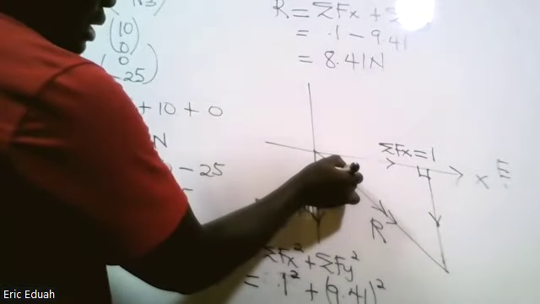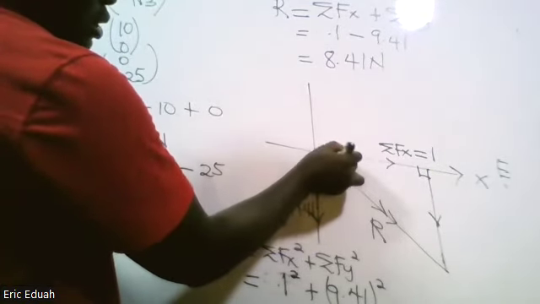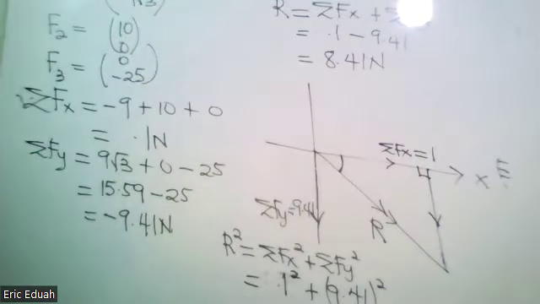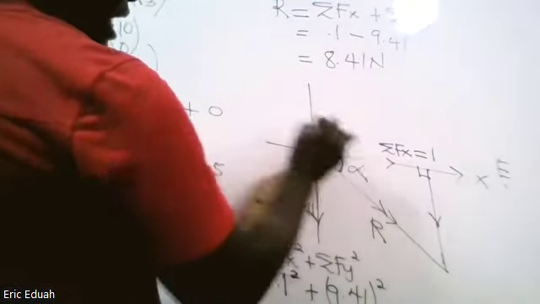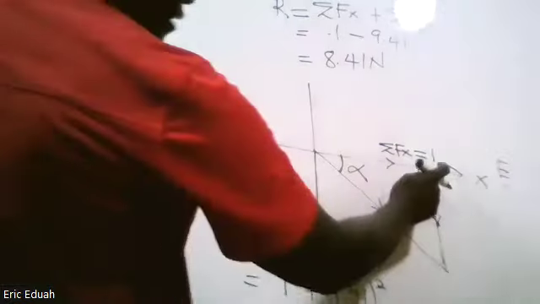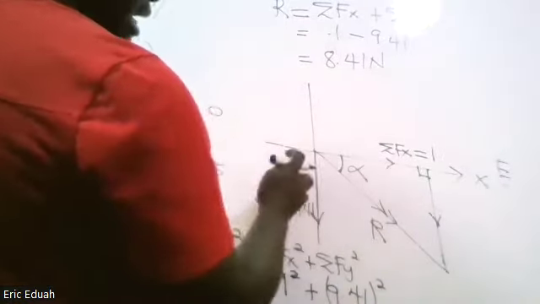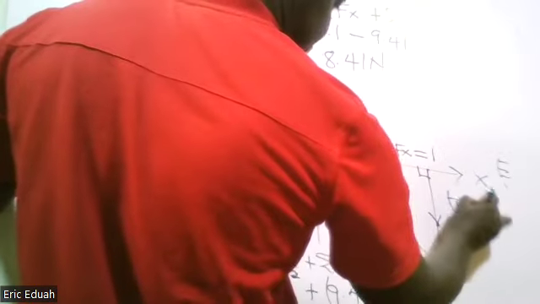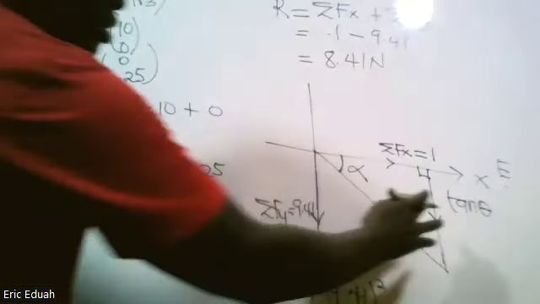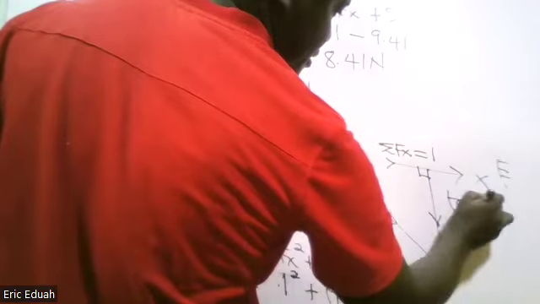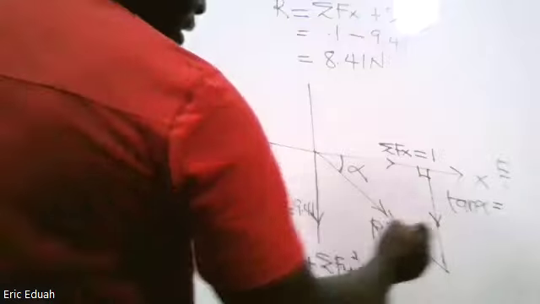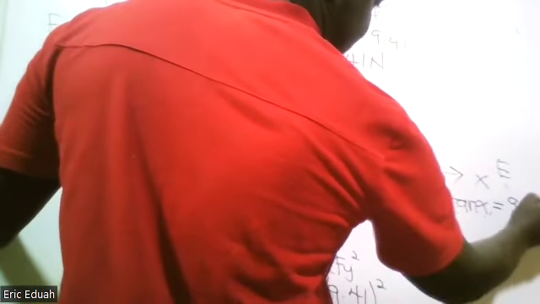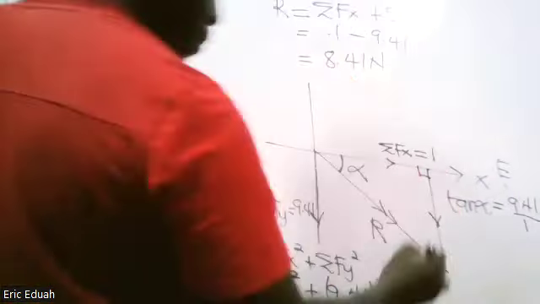And so determine the angle it makes with the x-axis or the east first. Assuming the angle is alpha, because I have the opposite and the adjacent, I can use tan alpha, which would be equal to 9.41 over 1.